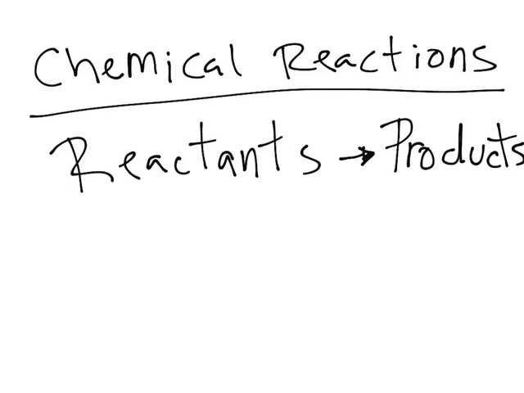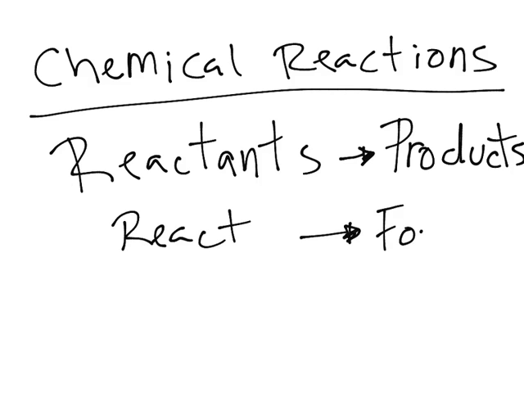They're what react, and when these reactants react, products will be created. So products are what is formed. And that is the basic structure of a chemical reaction.